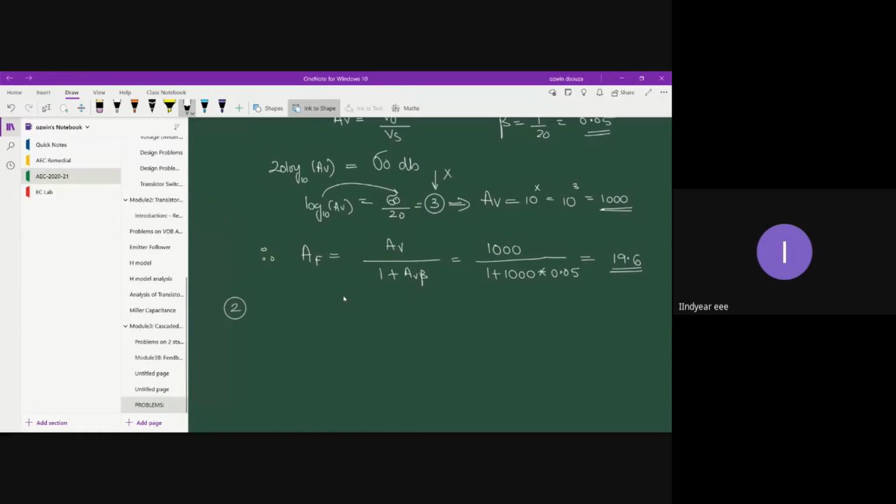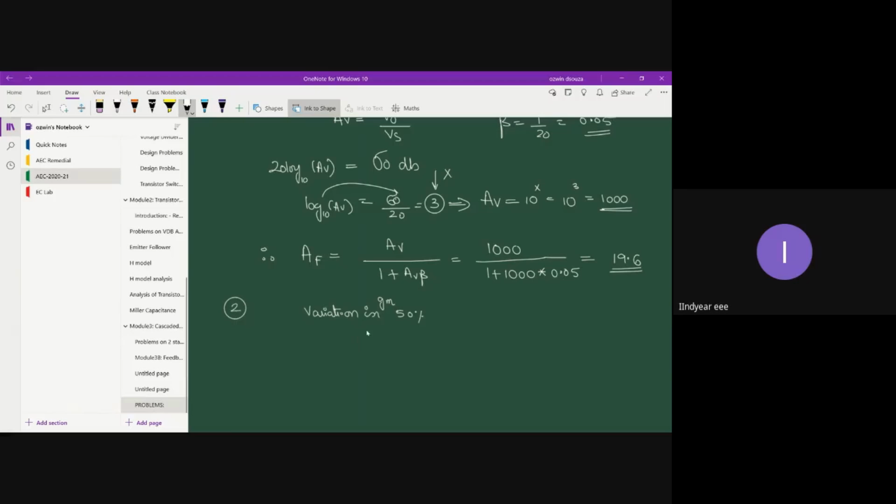You are supposed to find the change in the gain with feedback and without feedback, for a variation of GM by 50%. So here the variation in GM is 50%.